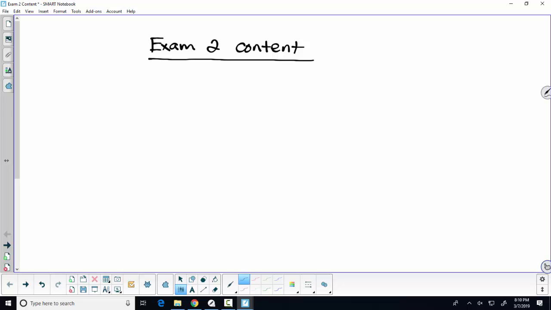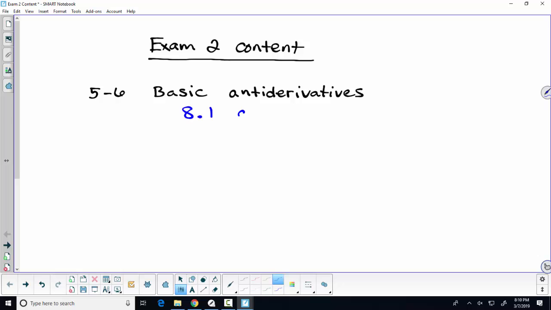So the content of the second exam: we're going to have 5 to 6 basic antiderivatives. Those particularly could fall into the category from 8.1, where we were using some basic integration techniques, multiplying by a form of 1, those kinds of things.